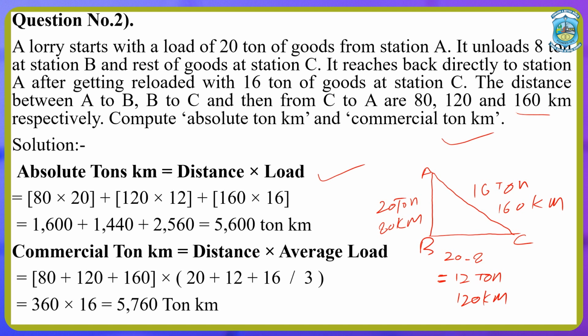A to B distance is 80 kilometers and the load carried by the vehicle is 20 tons. From point B to C, the distance covered is 120 kilometers and the load is 20 minus 8, because 8 was unloaded at B. It carries 12 tons from B to C, and again from C to A, it carries 16 tons of weight and the distance covered is 160 kilometers.